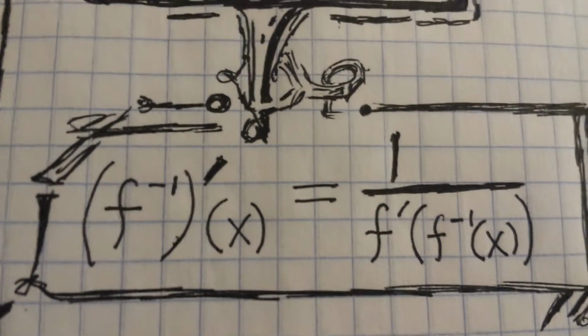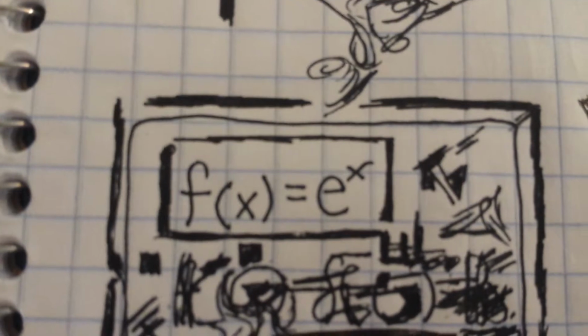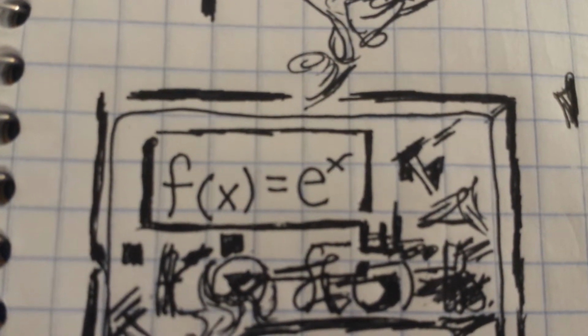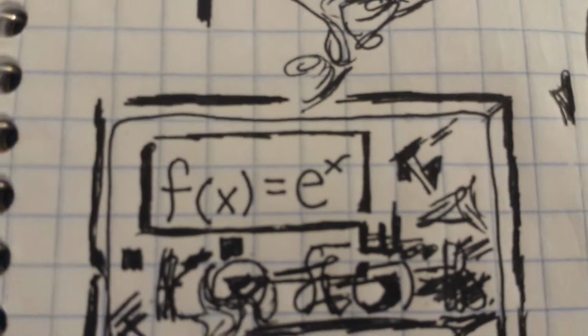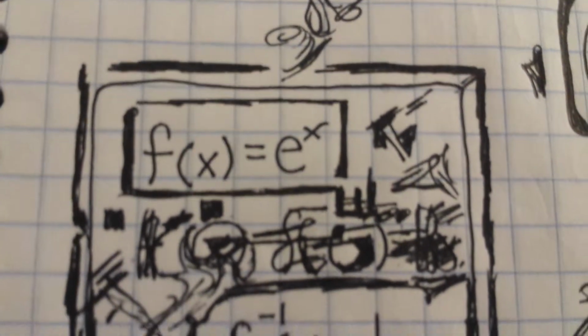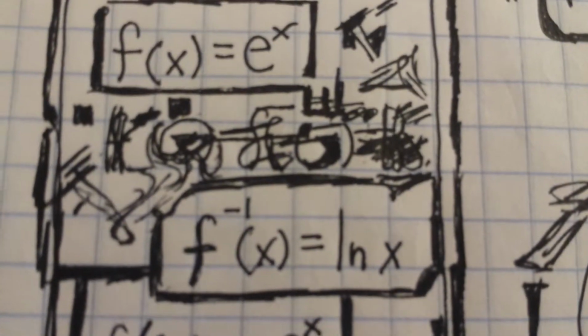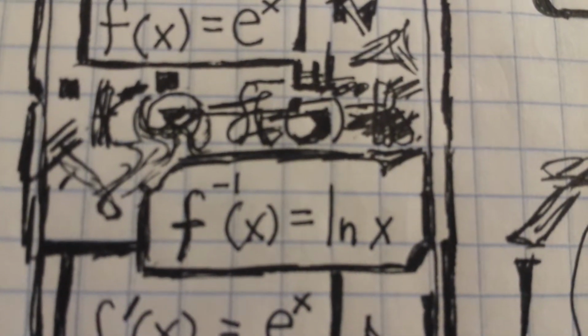So now we're going to apply this equation to the function e to the x. So let f of x equal e to the x. Then the inverse function of f of x is ln of x.